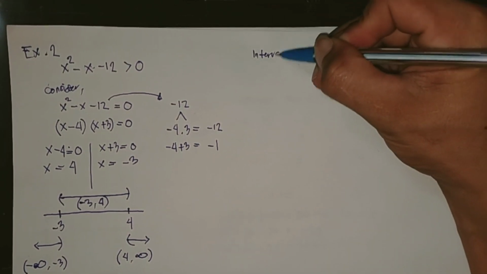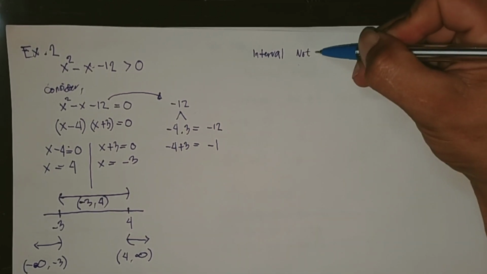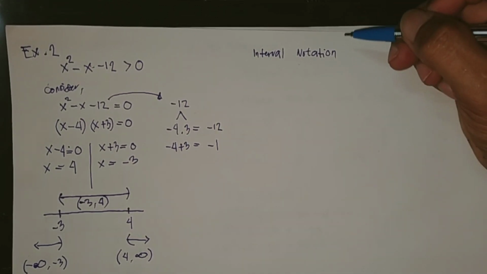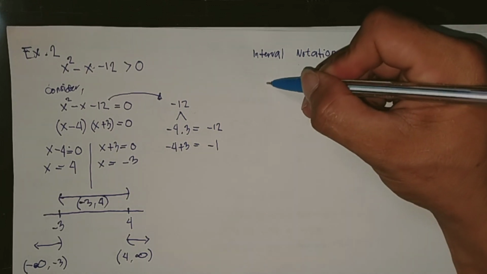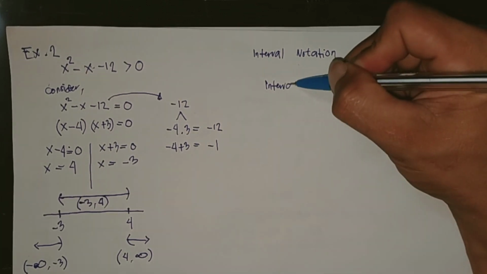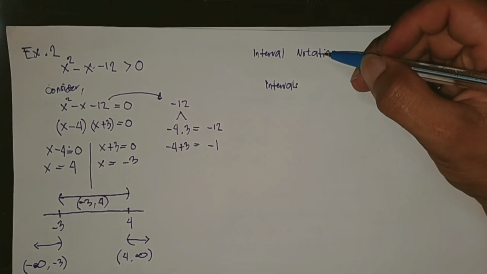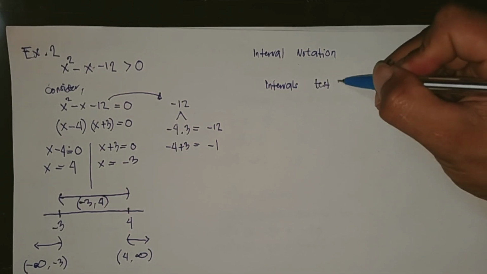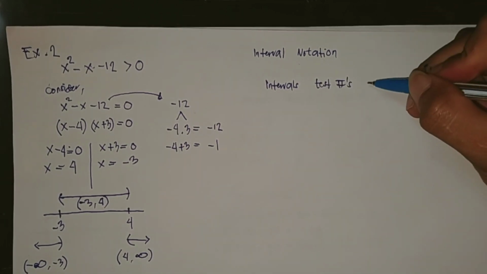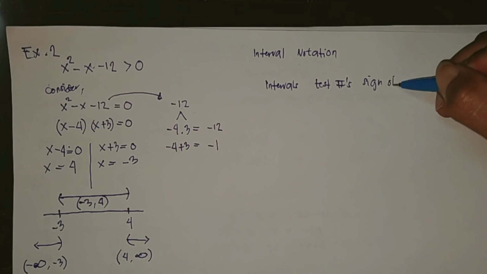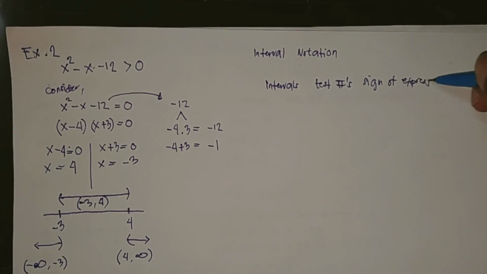Now, we need to write the solution in interval notation, which is the set of all x values that make the inequality true. We have intervals, test numbers, sign of expression, greater than 0.